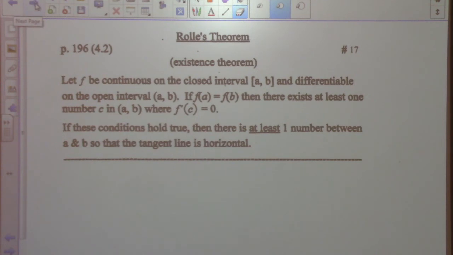Really you don't have to specifically mention Rolle's theorem, because it's part of the family of the mean value theorem. It's like a special case of the mean value theorem. Does that make sense?